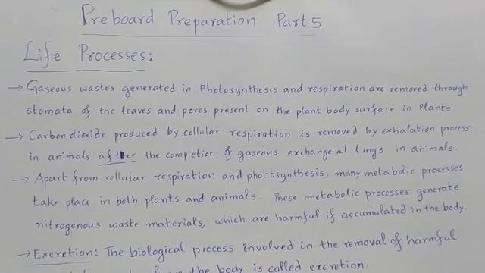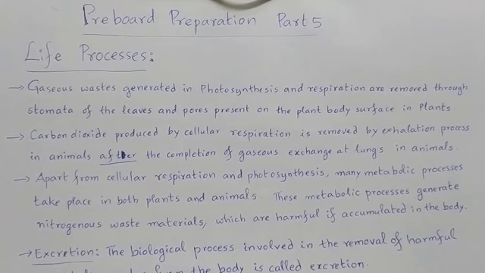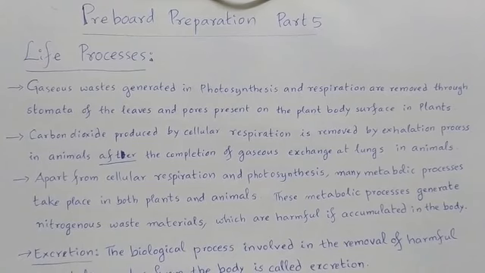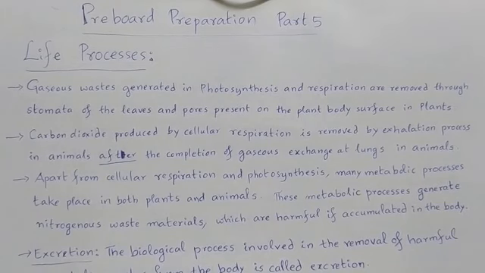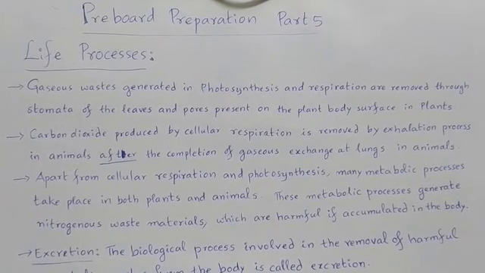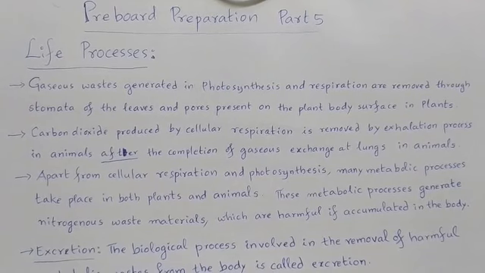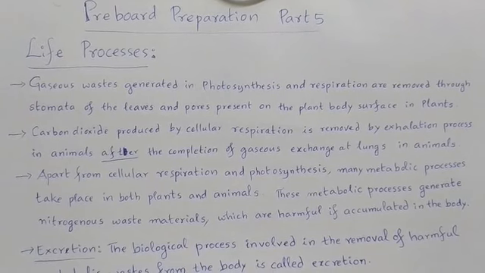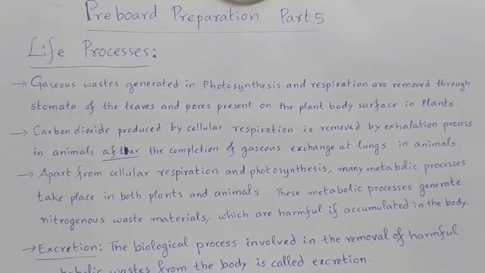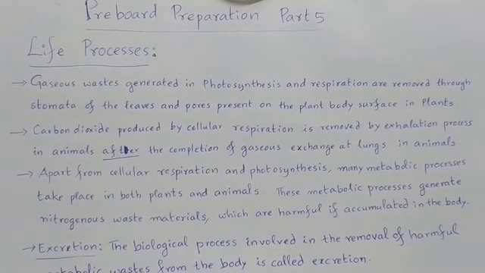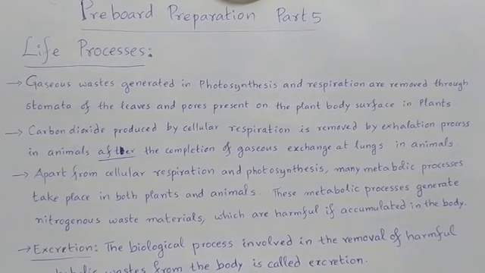In respiration, the gaseous waste that is produced is carbon dioxide. So, the gaseous wastes generated in photosynthesis and respiration are removed through stomata of the leaves and pores present on the plant body surface in plants.